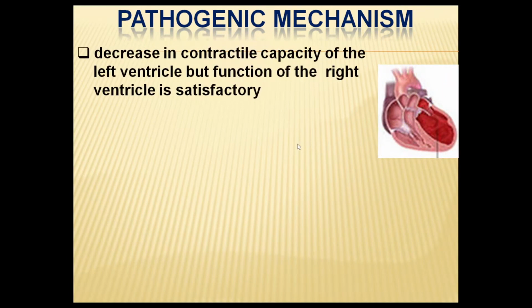We see the contractive capacity of the left ventricle progressively decreases while the activity of the right ventricle is satisfactory. Remember our first picture. No problem if the ejected blood is approximately the same from the right and left ventricle, and that ejected blood can adequately come back.